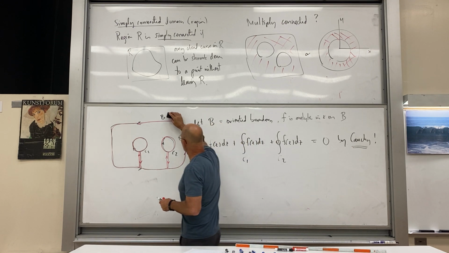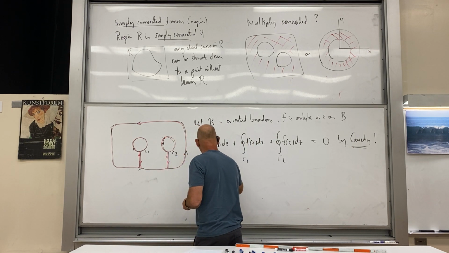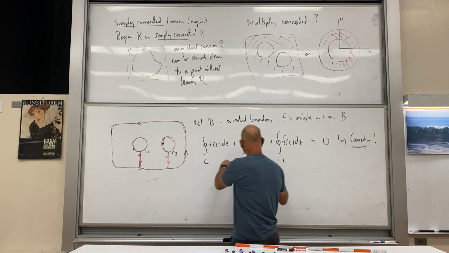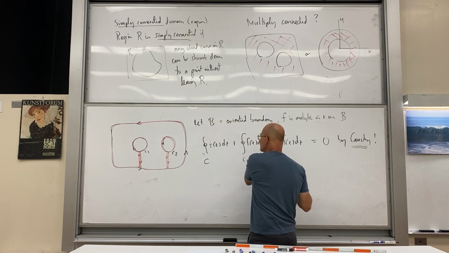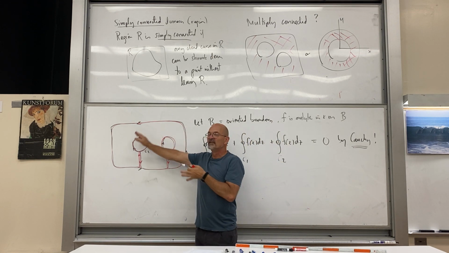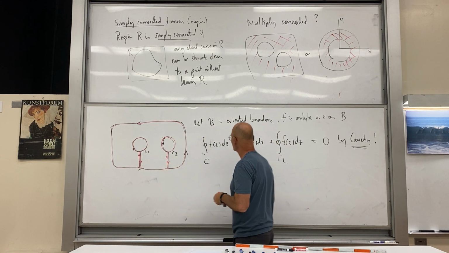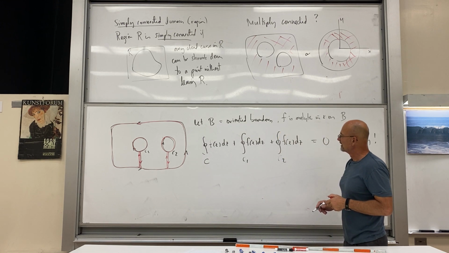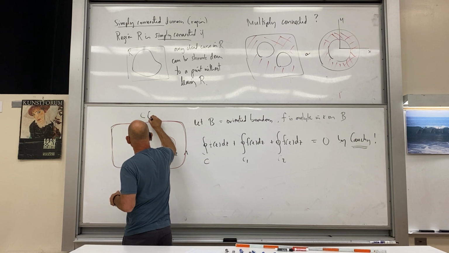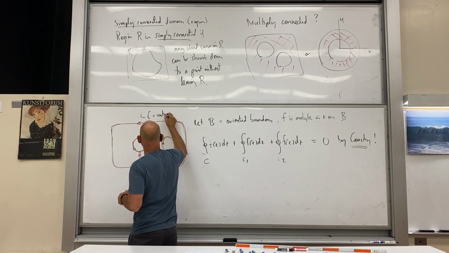So I'm going to call this outside one C. So I've got C for the outside, C1 and C2 for the inside ones. B is the oriented boundary that comprises all three of these, okay? So C, C1, and C2. C I'll just write is the outside.